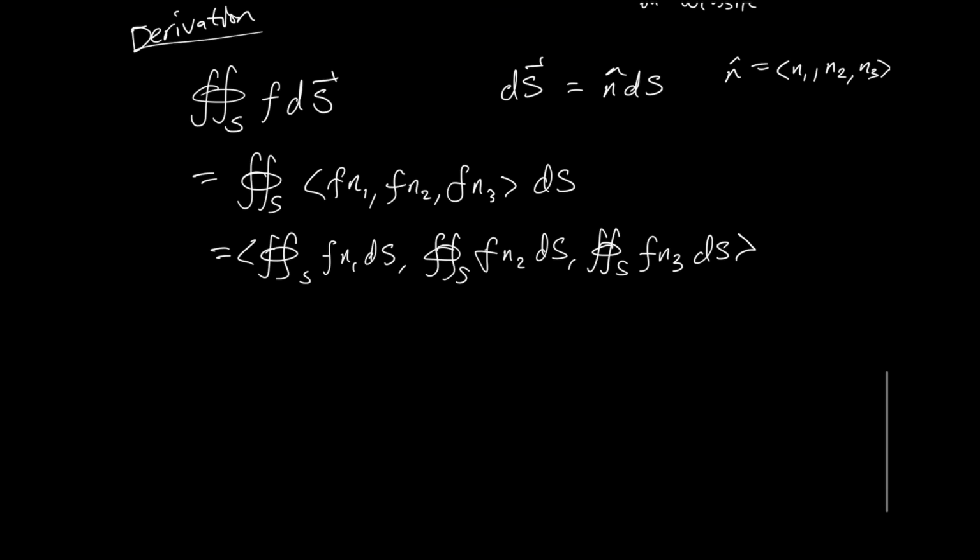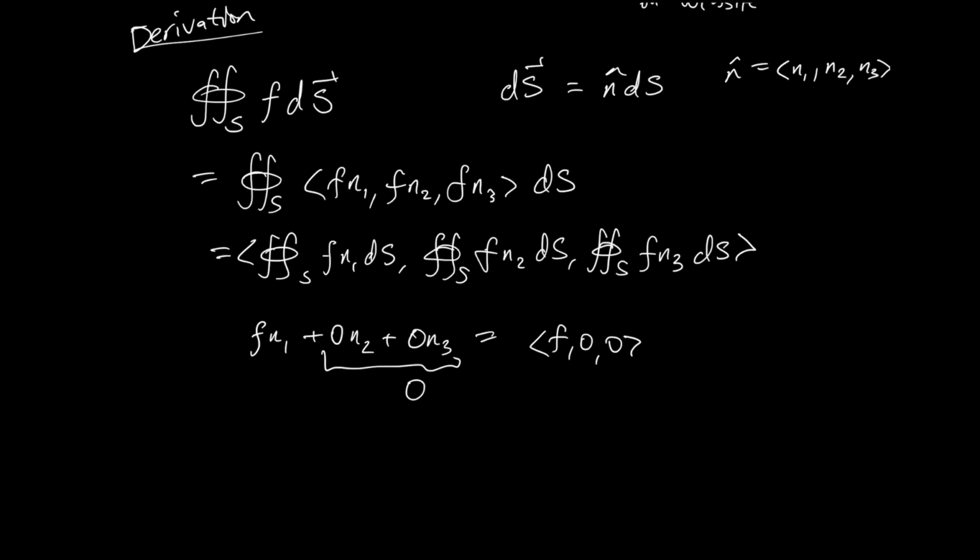Now, note the fact that we can rewrite fn1, fn2, and fn3 as actually a dot product between the following, because the two consecutive terms are 0. We see that these three terms essentially just form a dot product between this special vector and n.